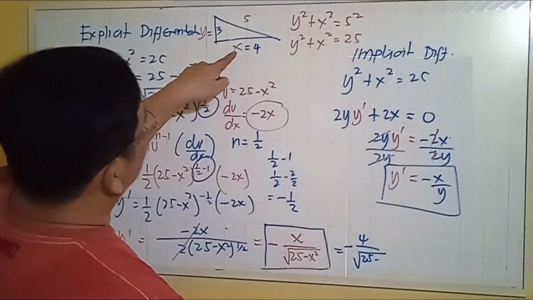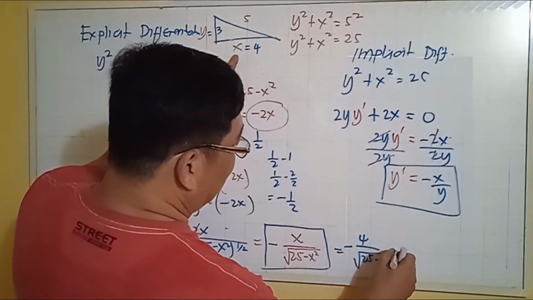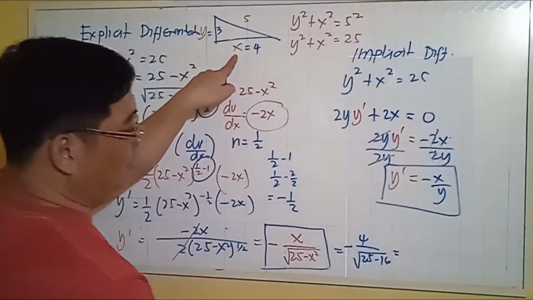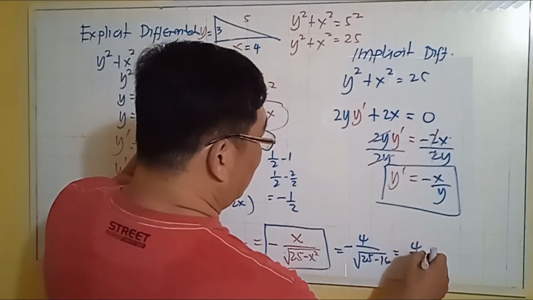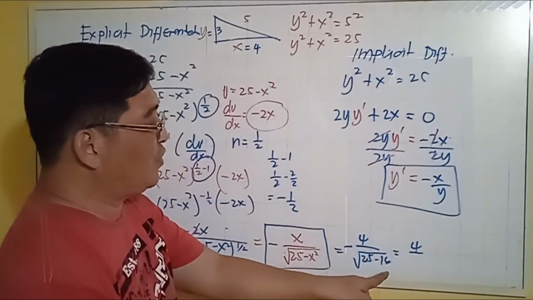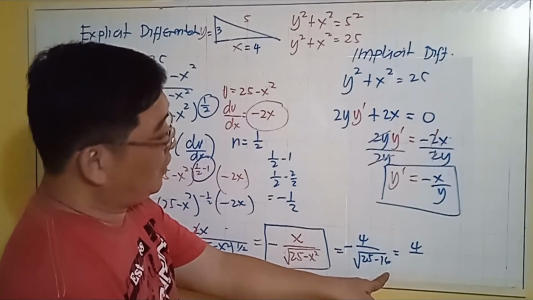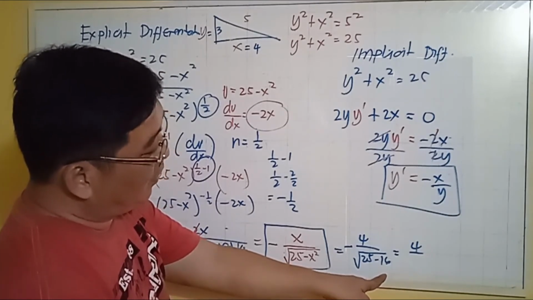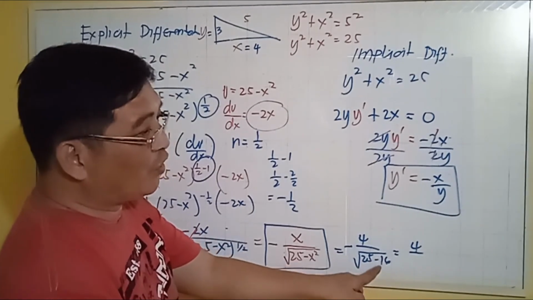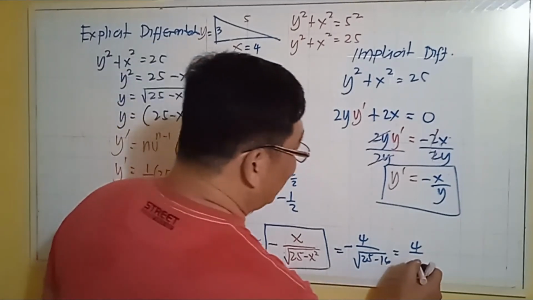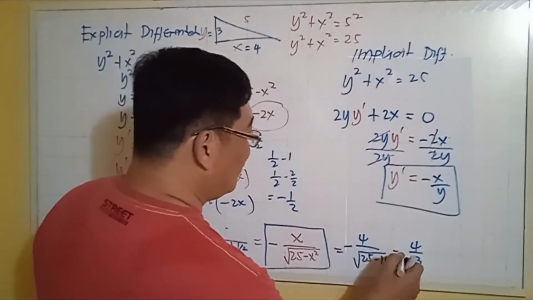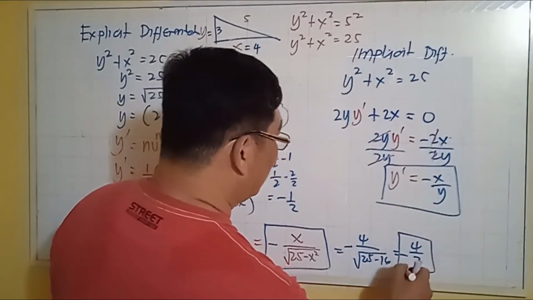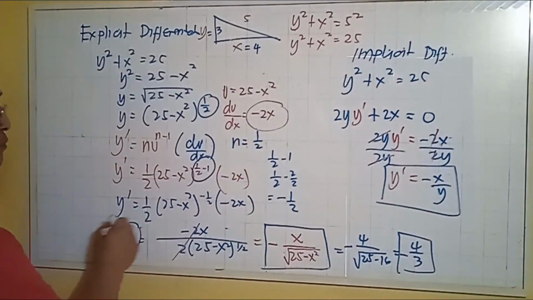The x square is 16. So, 25 minus 16 is equals to 9. Square root of 9 equals to 3. So, negative 4/3 yung y prime.